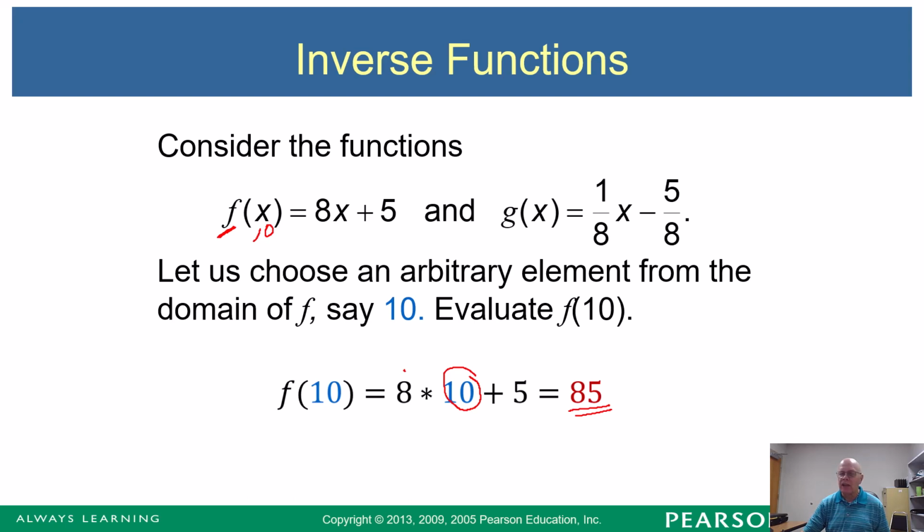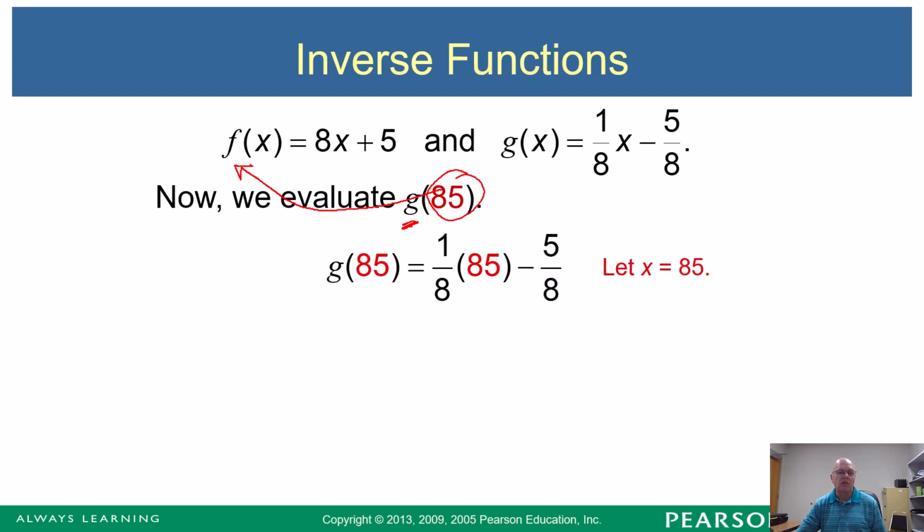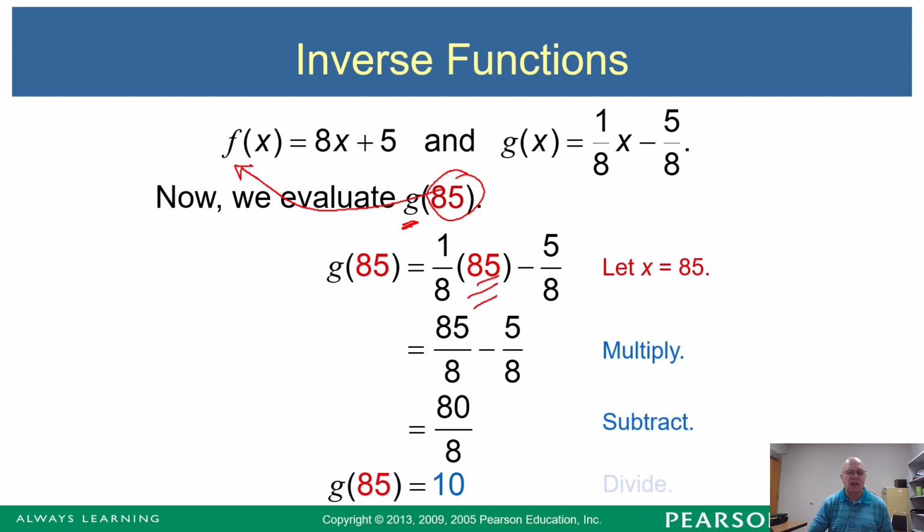Remember, we're talking about inverse functions. So we're going to take that 85 that we just got from f, and we're going to put it in g and see what happens. So there's 85. It goes in where the x's are in function g. What do we end up with? Simplify, and we're back to 10.